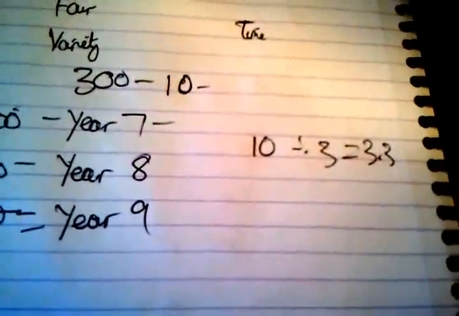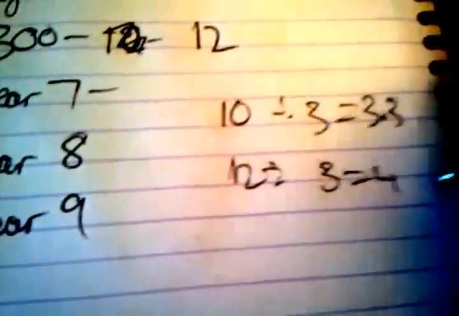Because we can't exactly have a third of a person, I'll say we're going to do 12. So we're going to change this to 12. So we can have 12 divided by 3, which equals 4. You guys get that?